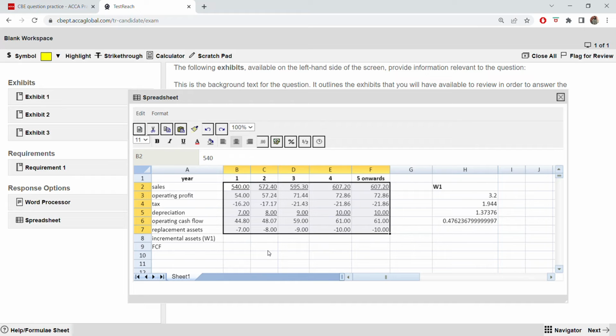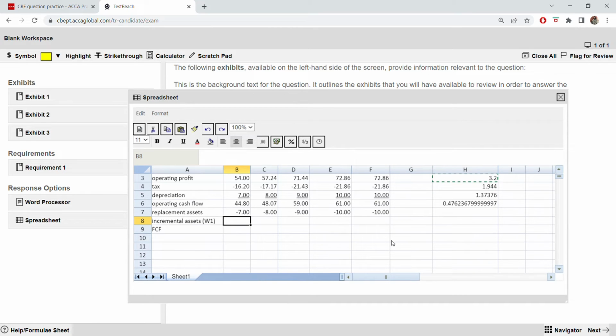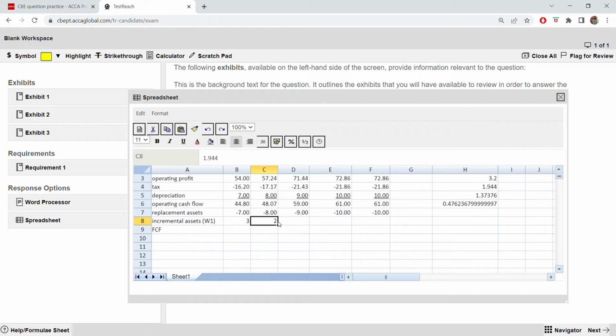Okay. So incremental asset, copy. Usually we do with the formula, but I will just paste here the value so that I can do the changes. Okay, even though it's 3 here it's 3.2. Copy, paste.